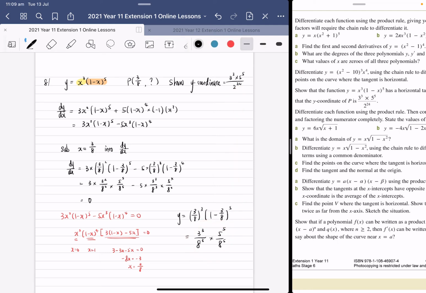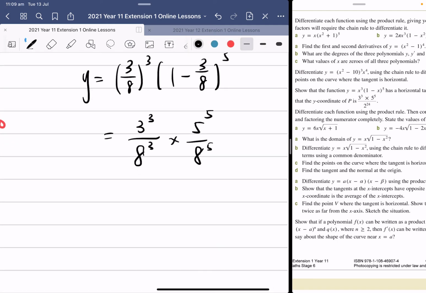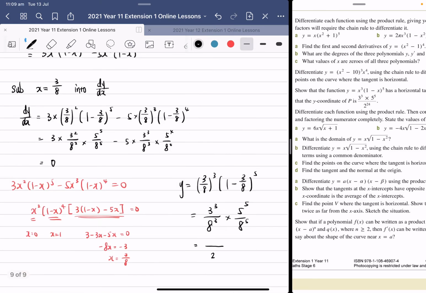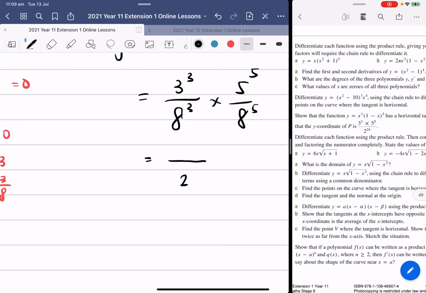So we need to use our index law. What we need to do is change the denominator in terms of 2. Looks like the denominator is in terms of 2, yes. So 8 is 2 to the power of 3, and there's another power of 3 here, that's 2 to the power of 3 with the power of 5. The numerator is fine, so we just leave it.